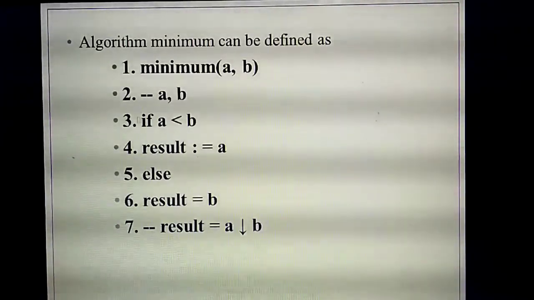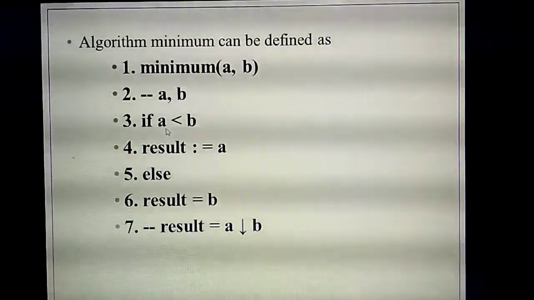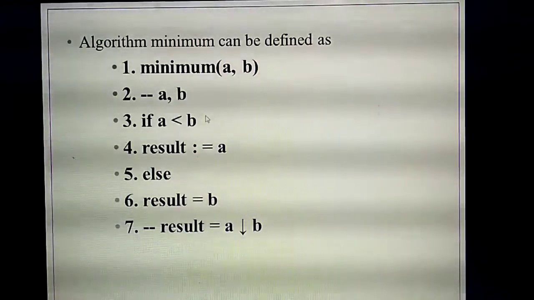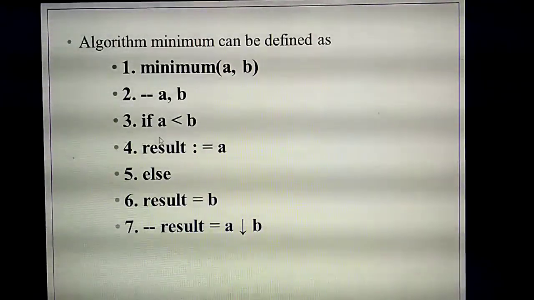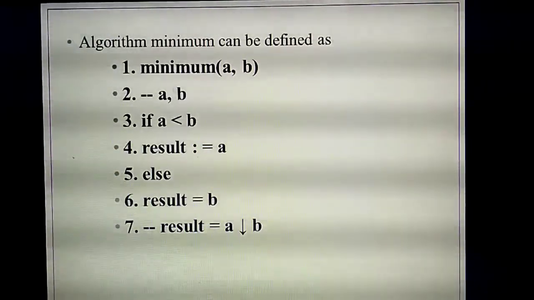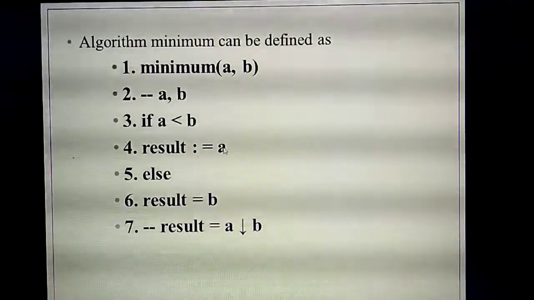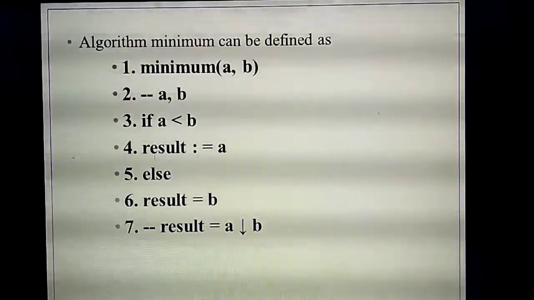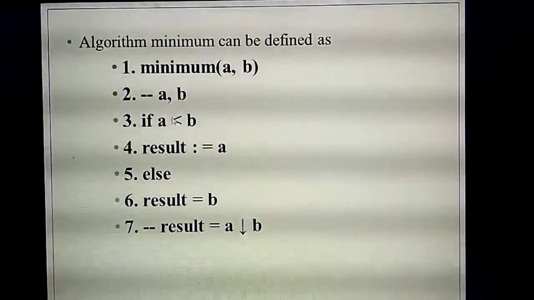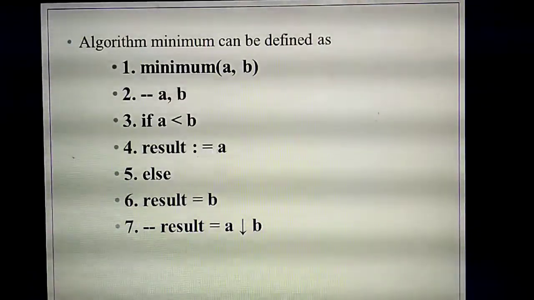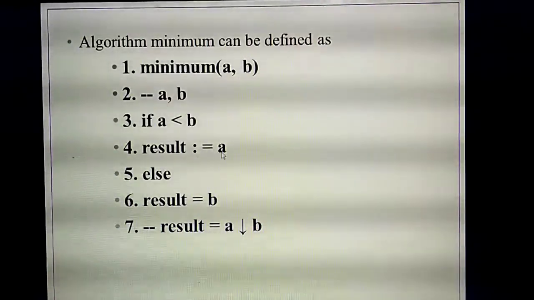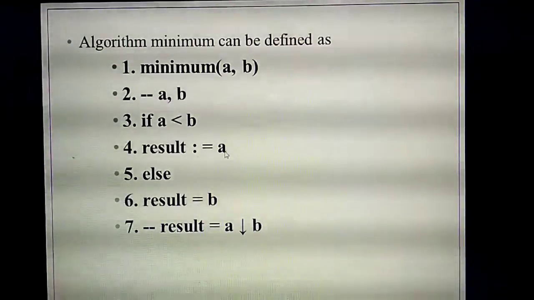So the condition they have given is if A less than B. That means if the value A is smaller than B, we need to store the smaller value in the variable result. So A is smaller, they have given. This is one part. Next, else. If A is smaller, we need to print the variable A. Else, if A is not, that's the meaning.